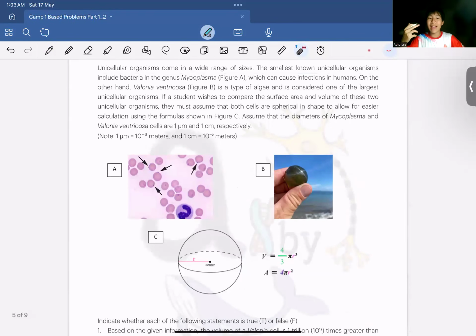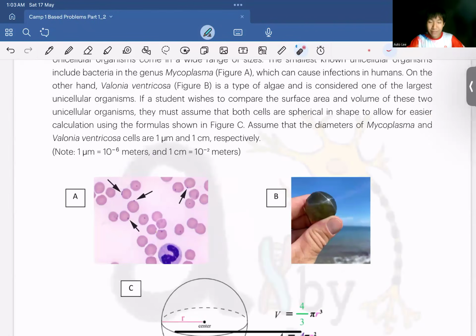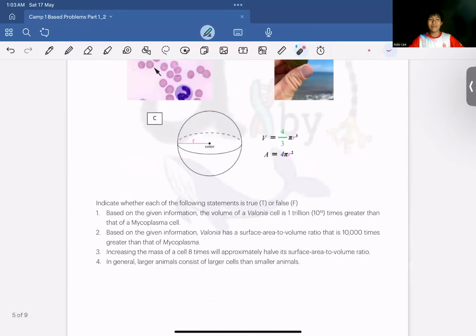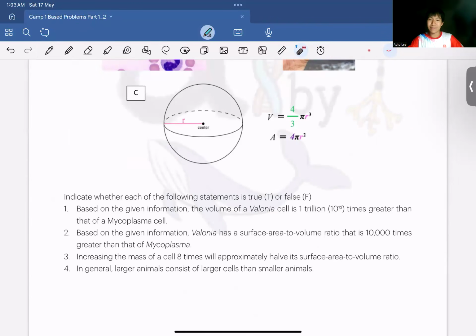The question also gives that the diameter of Mycoplasma and Valonia is 1 micron and 1 centimeter respectively. That's important to note. Now let's get straight to the actual problem.